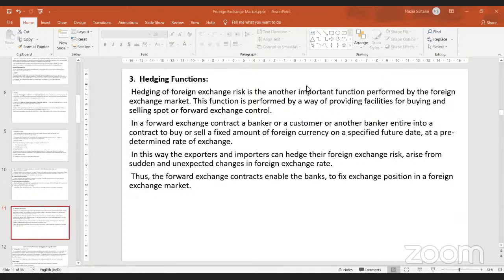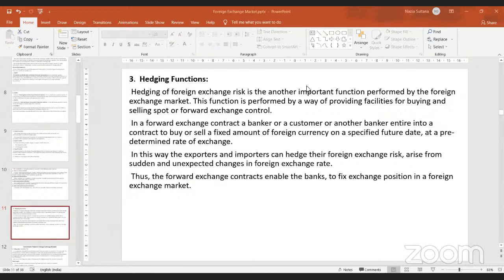So in foreign exchange market, there is a huge amount of risk because of fluctuations in the foreign exchange rates. Therefore, this particular market also provides for hedging. That means they provide for buying and selling of currency at a rate which is currently prevailing in the market, which is called a spot rate, or at a rate which may prevail in the market in future, which is called forward exchange transactions.